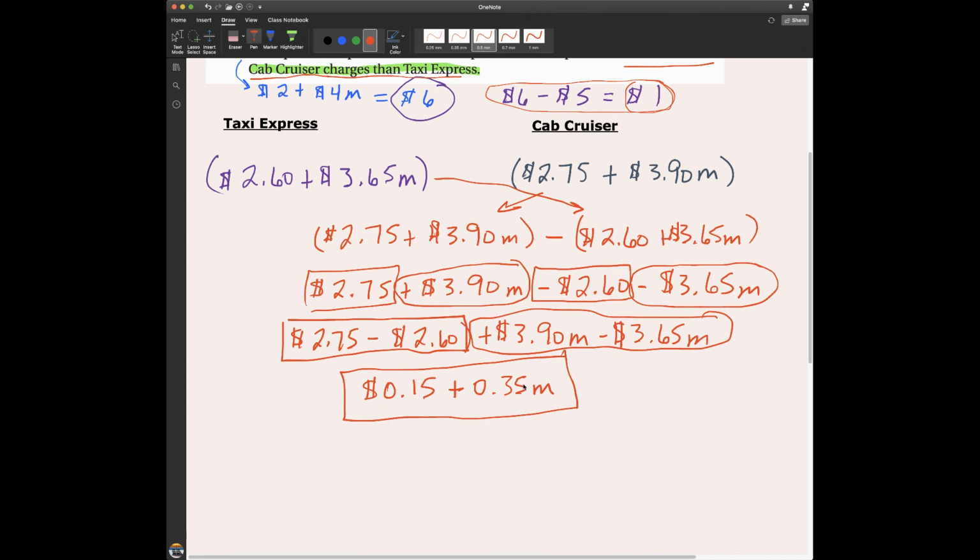So this represents that difference, just like here, that $1 represented the difference when we were solving a simpler problem. And I can tell you what the difference is if they travel 50 miles, or if they travel 26 miles, you could figure out how much more you're going to pay using the Cab Cruiser versus the Taxi Express. So this is a pretty powerful expression that can help us depending upon how many miles we travel.